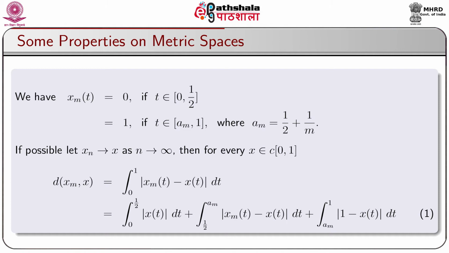So, by triangle inequality, it is less or equal to the integral from 0 to 1/2 of mod of x(t) dt plus the integral from 1/2 to a_m of modulus of x_m(t) minus x(t) dt plus the integral from a_m to 1 of modulus of 1 minus x(t) dt. This inequation is named as equation number 1.